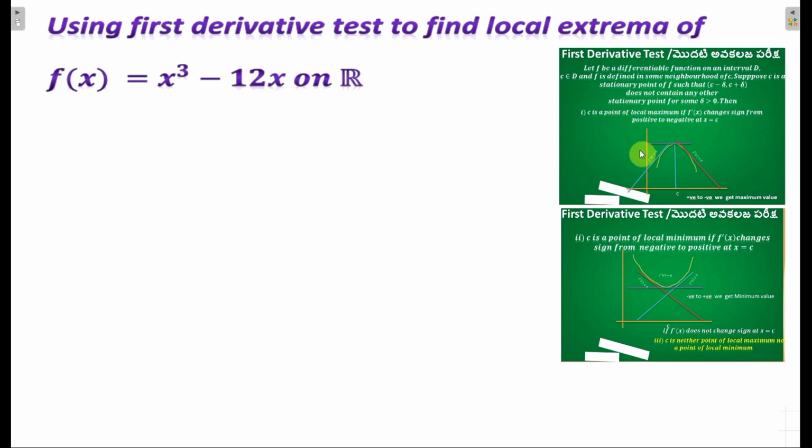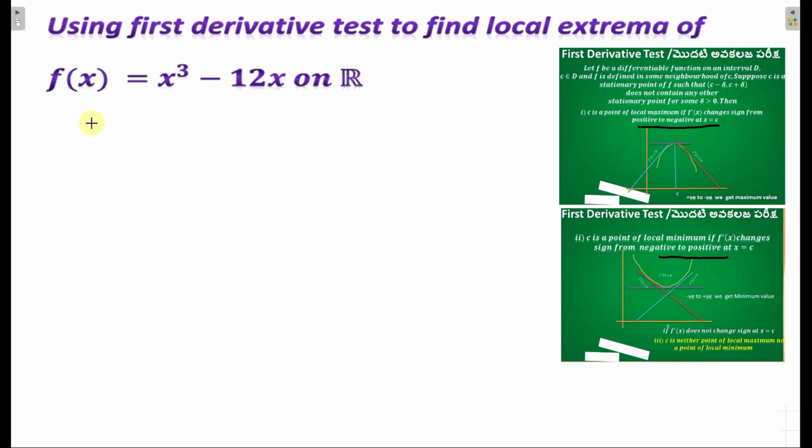In the first case, c is the point of local maxima if f dash x changes sign from positive to negative. Next, c is the point of local minimum if f dash x changes sign from negative to positive. So using these two cases, let us solve the problem here.